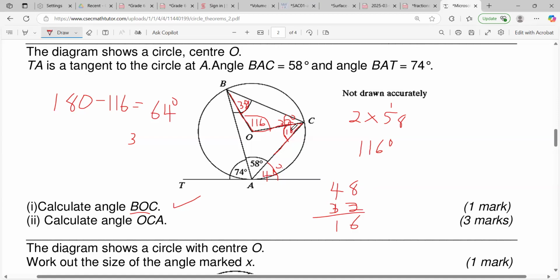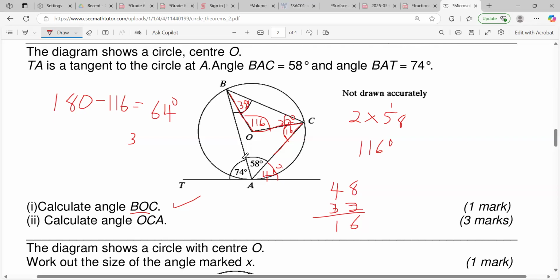Alright? And see, angles on a straight line add up to 180. So the 74 plus the 58 plus the 48, that will give you the 180 degrees. And also, if we want, you could find this little piece here.